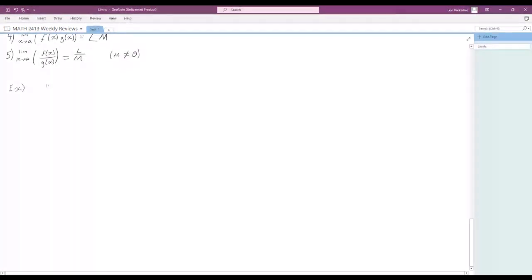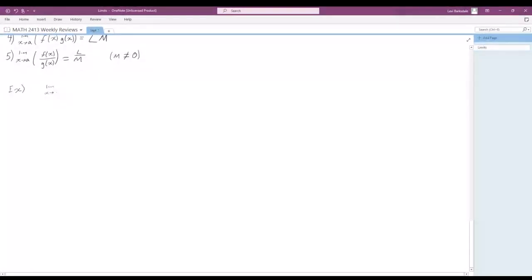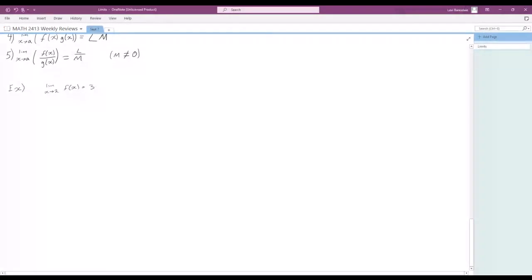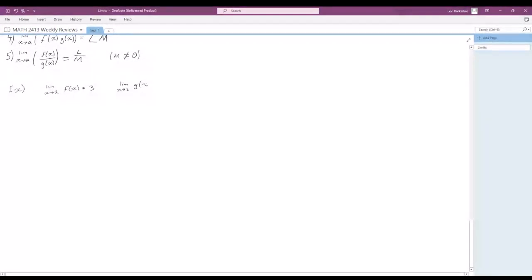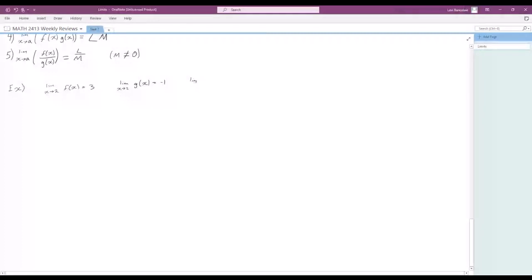So let's say we have the limit as x approaches 2 of f of x equals 3. The limit as x approaches 2 of g of x equals -1. The limit as x approaches 2 of h of x equals 0.